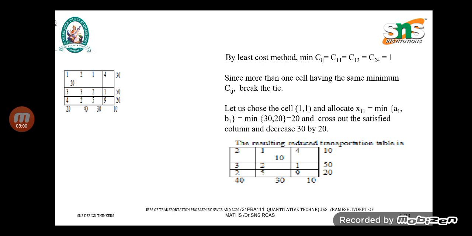So take all the 30 supplies and fill the demand. Already we filled that. So 10 supplies available and 30 demand is there. So take that 10 and fill that 30 demand. Still we have 20 demand. From the supply side there are no supplies available in the first row, so block the remaining.